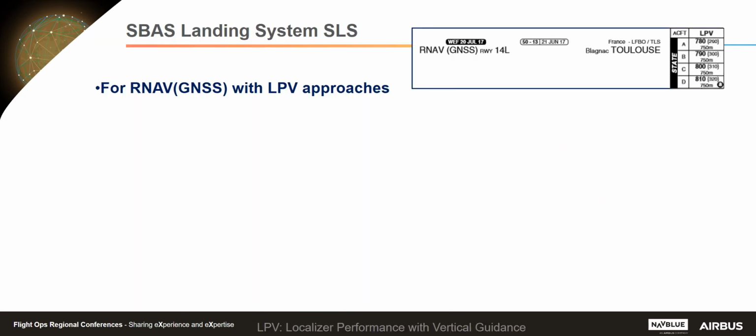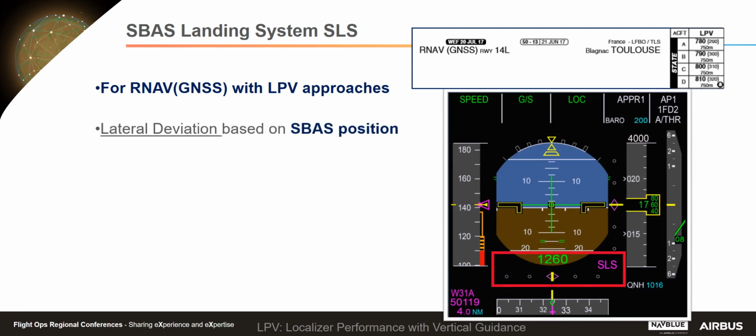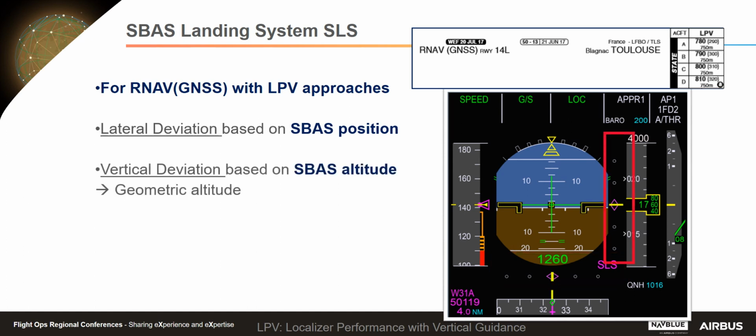The data used for the SLS deviation computation are the current SBAS augmented position for the lateral and the current SBAS augmented altitude, so also a geometric altitude with a high accuracy and integrity.